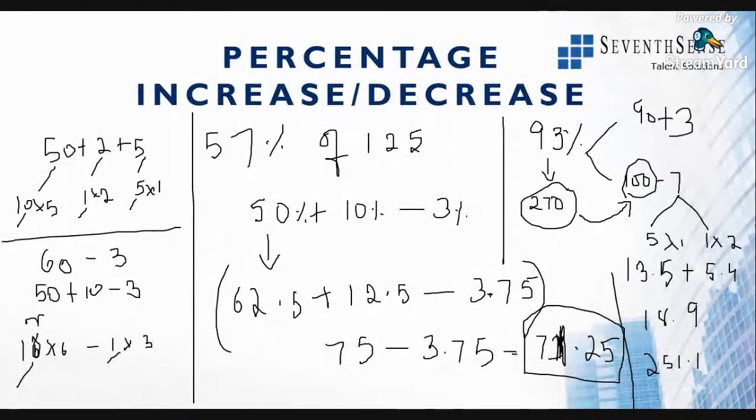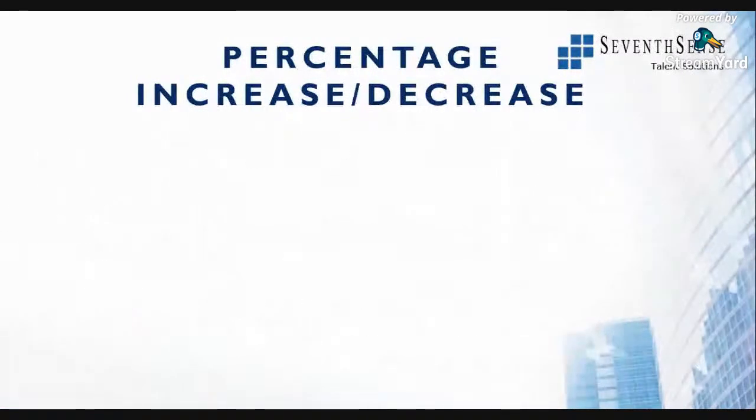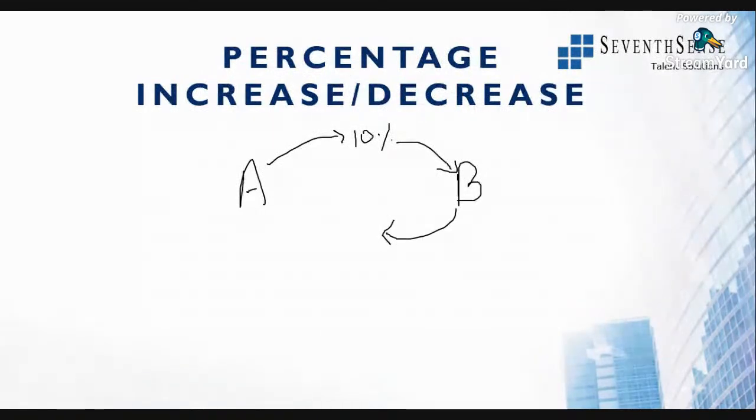The point that I was discussing was percentage increase or decrease. So I told you, if B's value increases by 10% over A, then by what value does A's value decrease from B?